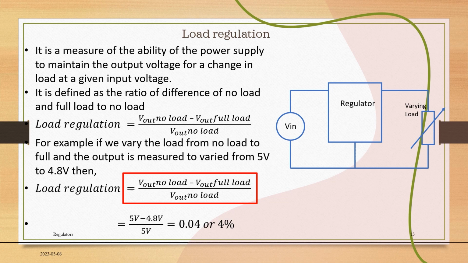It is defined as the ratio of the difference of voltage at no load and voltage at full load to the voltage at no load. Let us vary the load from no load to full load and the output is measured to vary from 5 volts to 4.8 volts. Then load regulation is given as 5 volts minus 4.8 volts by 5 volts, which gives us 0.04 or 4%.